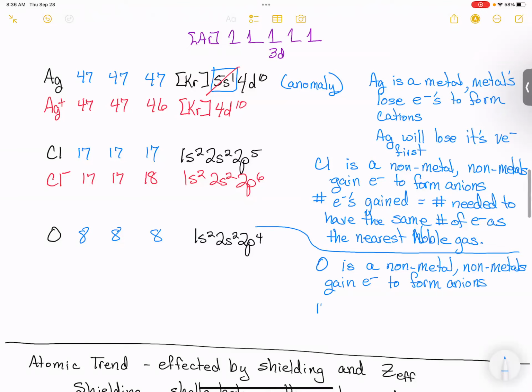The number of electrons gained equals the number of electrons needed to have the same number of electrons as the nearest noble gas.